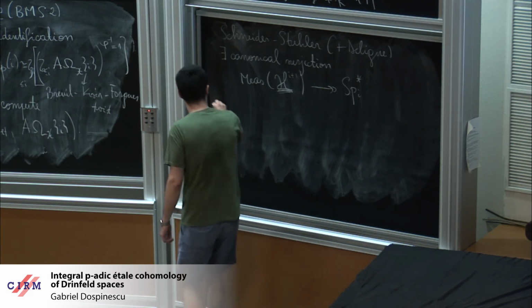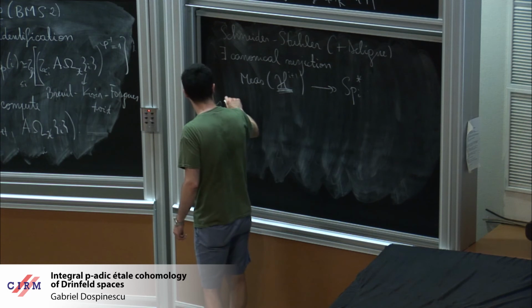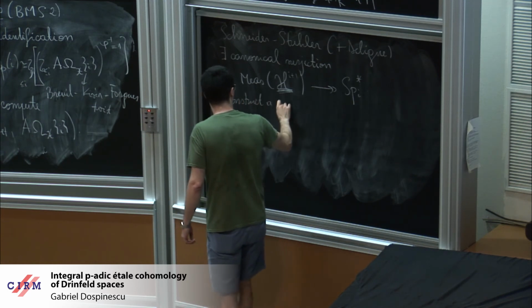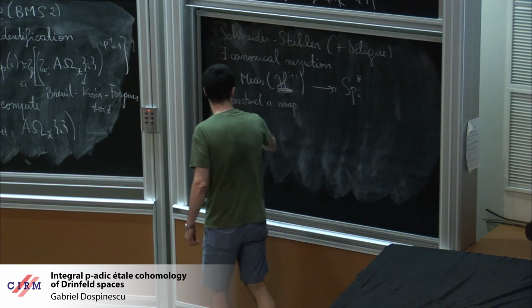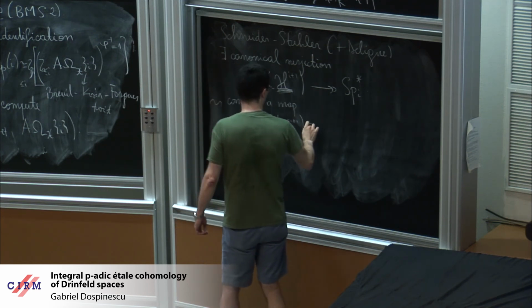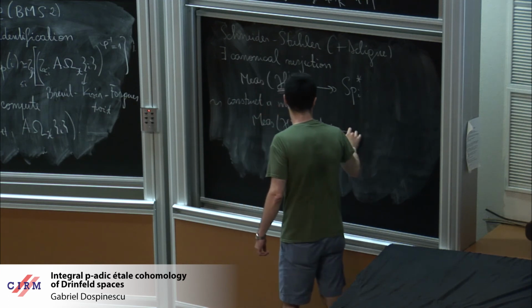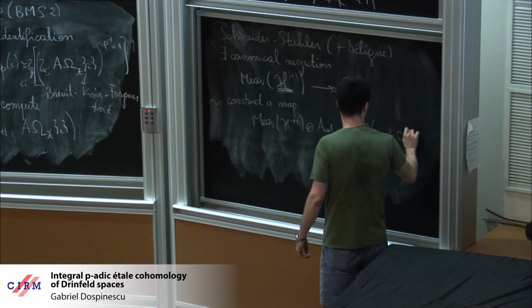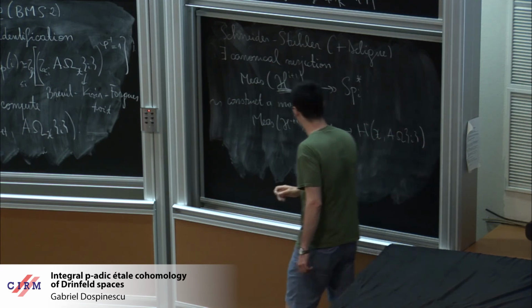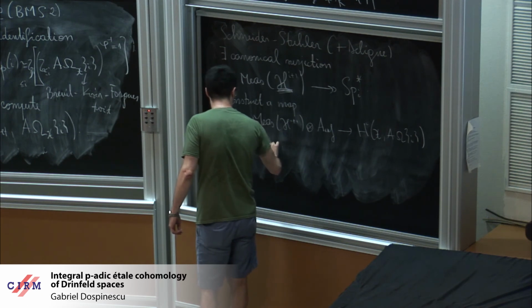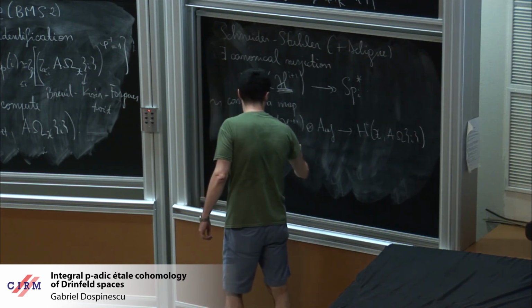And so naturally what you do then is to construct a map from measures on this space to the space you are interested in by integrating Kummer classes.